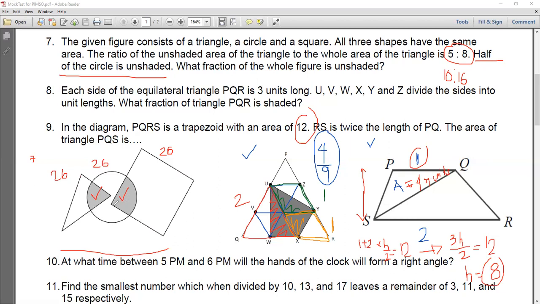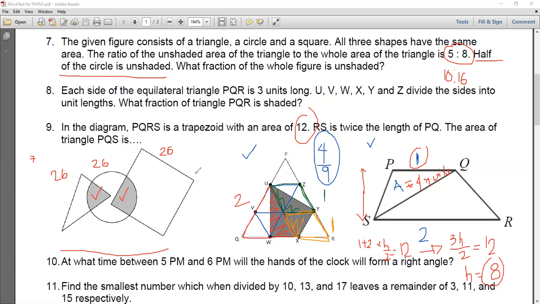What is the total area for this one? We add the whole thing, 26 plus 26 plus 26 minus 13. 26 times 3 is 78, minus 13, so that is 65. So 65 is the total area, correct?